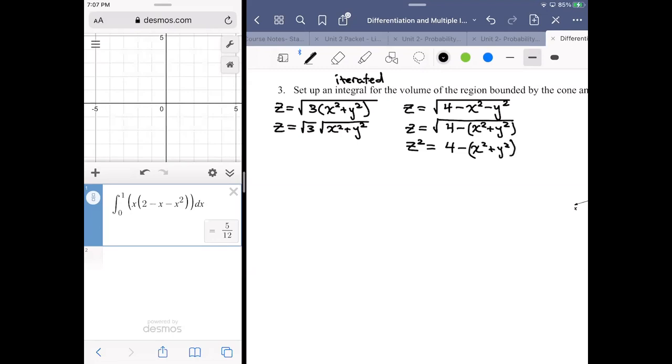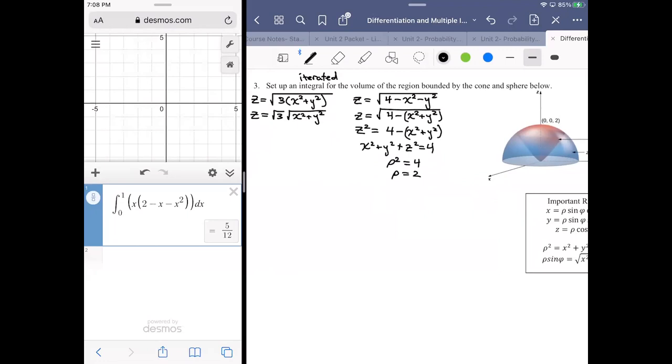And then I could add this quantity to both sides, and I get x squared plus y squared plus z squared is equal to 4. So that gives me rho squared, because x squared plus y squared plus z squared is equal to rho squared is equal to 4, which gives me rho equal to 2.